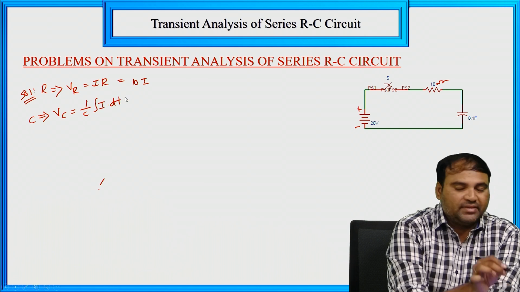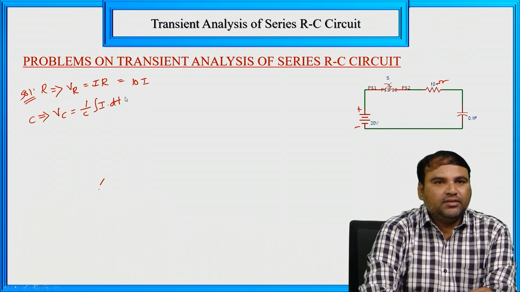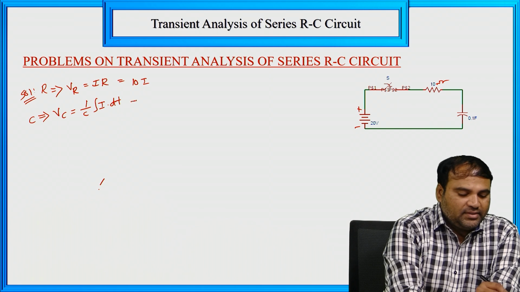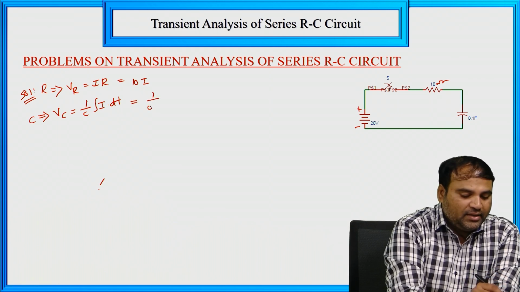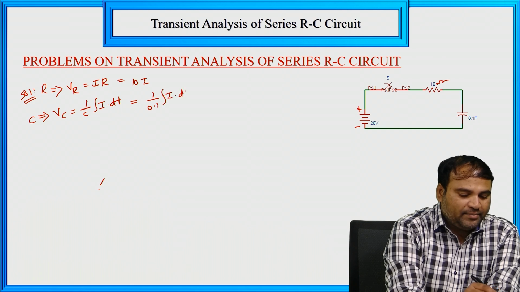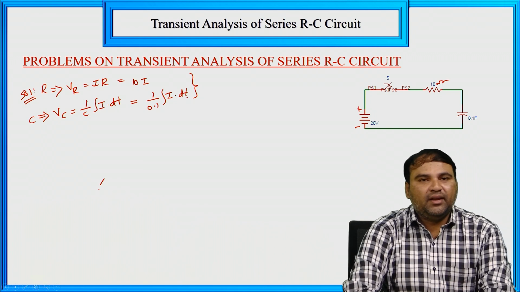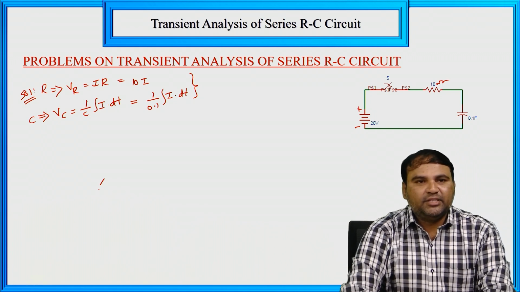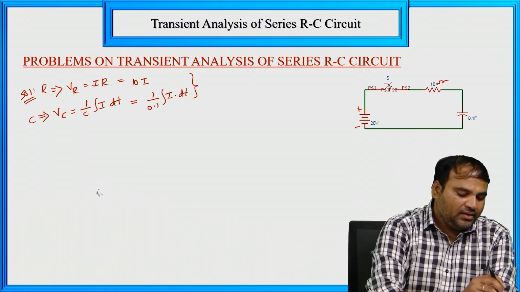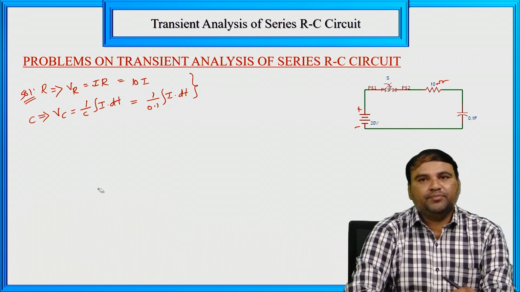What is C here? 0.1. So 1 divided by 0.1 integral of I dt. By using these two equations, we need to calculate the total current response of the given RC circuit.